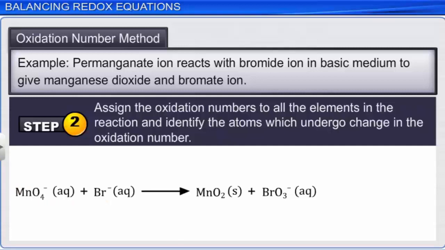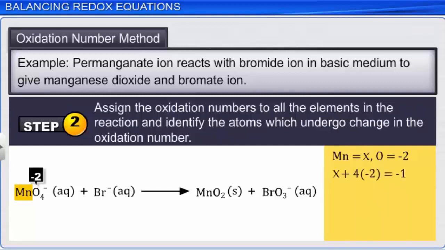Let the oxidation number of manganese be X. We know that the oxidation number of oxygen is -2. Hence, X plus 4 multiplied by -2 equals -1. Therefore, X equals +7. Thus, the oxidation number of manganese is +7.